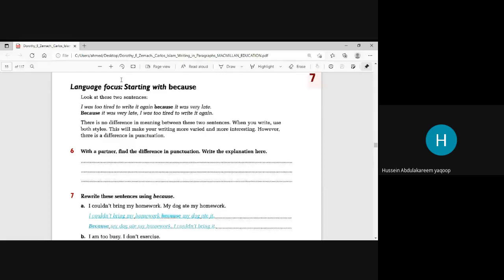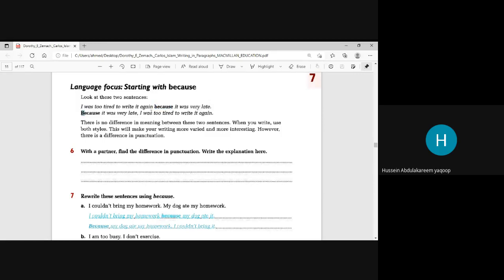With the language focus starting with because. Now, sometimes we use because in the middle, as you see, and some other times we need to use because in the beginning. In both cases, we don't have any difference in meaning, but the difference is only with the punctuation mark and the capitalization.